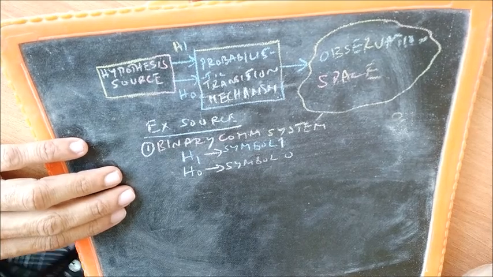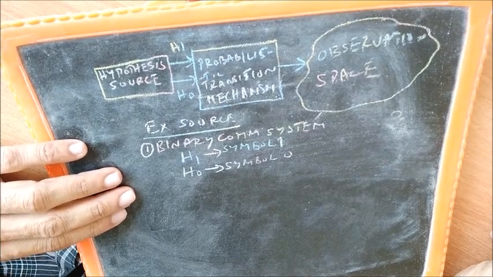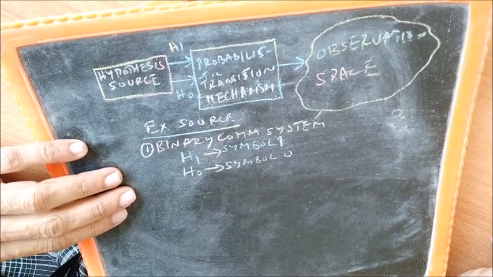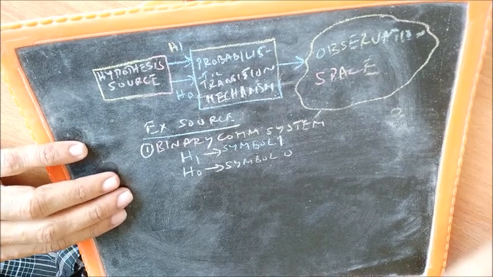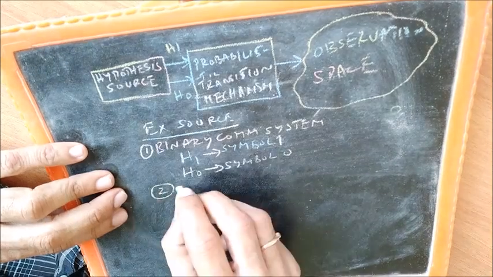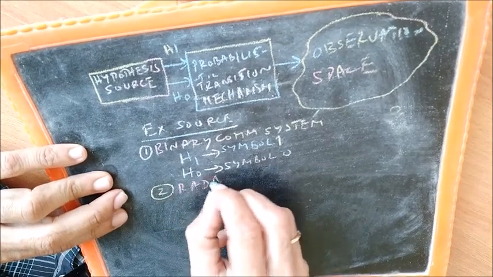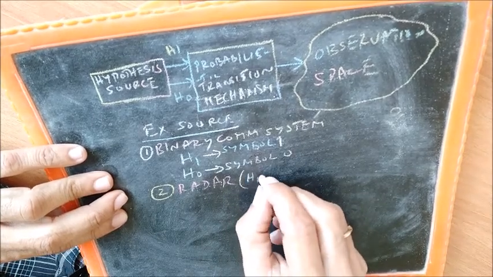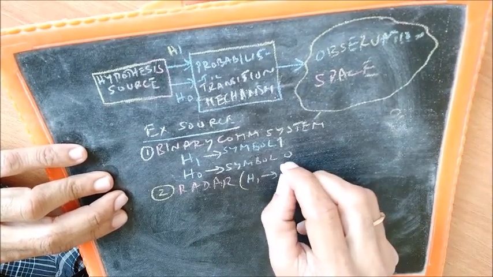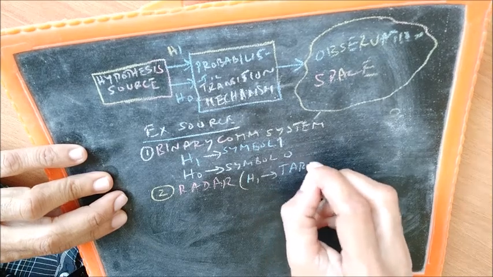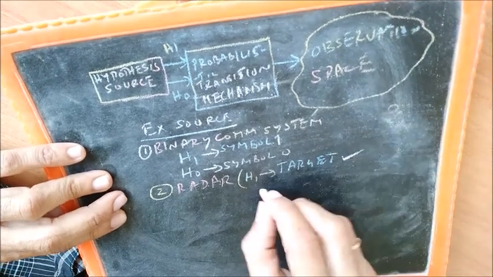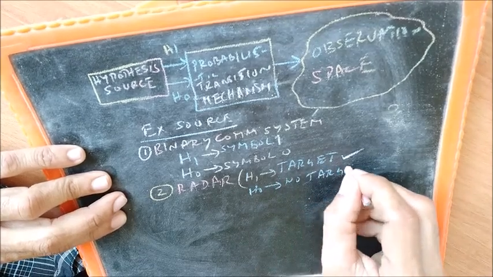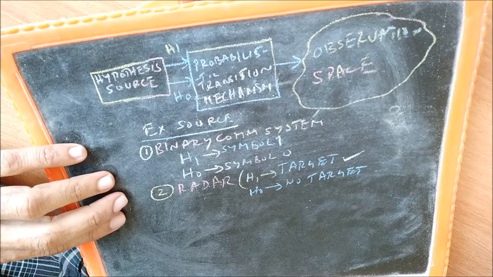A second example is that of a radar. H1 refers to the presence of a target, and H0 means the target is absent.